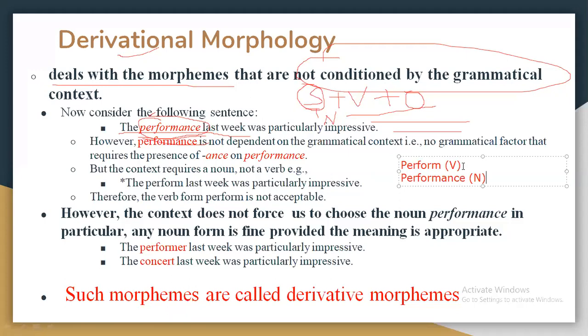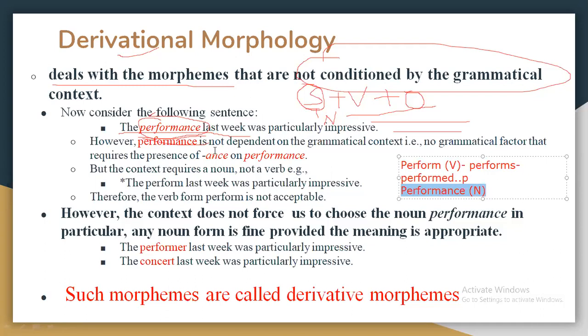Or you can write many inflectional forms of perform also. For example, there are choices. Perform also, but you only wrote this performance. And your option is performance, not perform and performs.